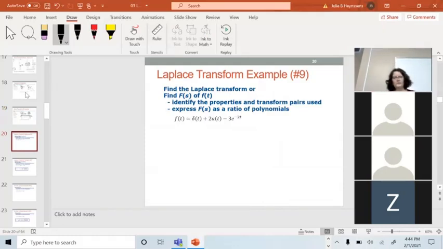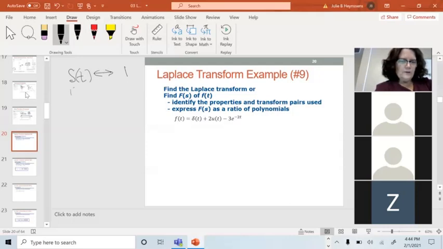So let's just do some examples here. Now I've got this function in time. All we're going to do is just Laplace transforms today. We'll do the inverse on Wednesday. I look at my table and it tells me that the Laplace transform of delta of t, and I'm going to use this symbol to say just transforms into, is 1.